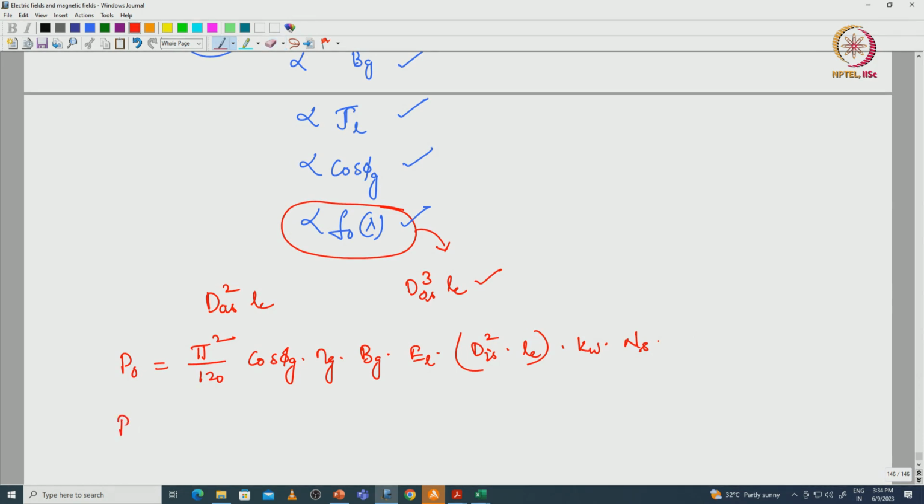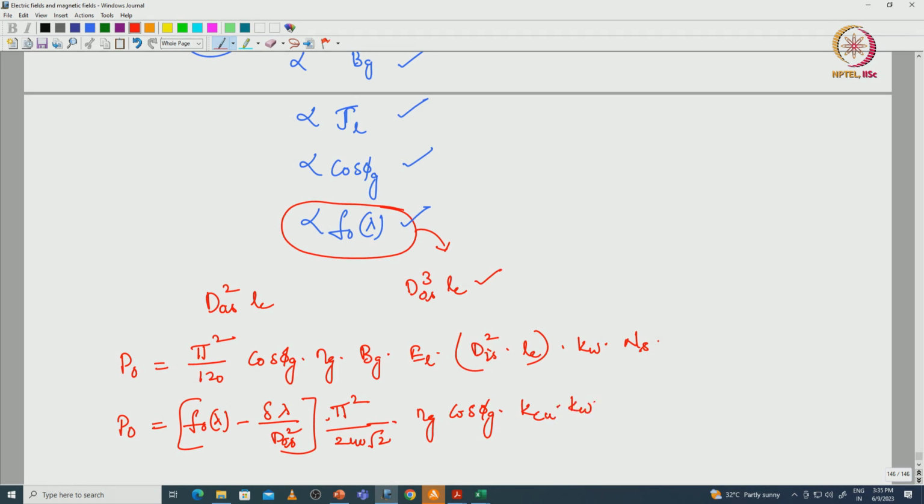And now what we have derived is power in terms of D cube L. That equation is F naught of lambda minus delta, into lambda divided by D naught S square, into pi square divided by 240 root 2, into efficiency, cos phi g, into Kcu (copper fill factor), winding factor, actual magnetic loading and actual current density with respect to the stator, and D cube L product into synchronous speed.